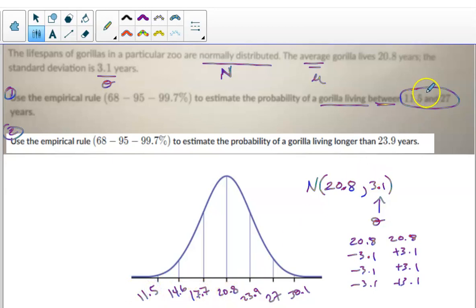Okay, now I'm looking for 11.5 and 27. So 11.5 is right here, which is the 3 standard deviations, all the way to 27. So from here all the way to here.